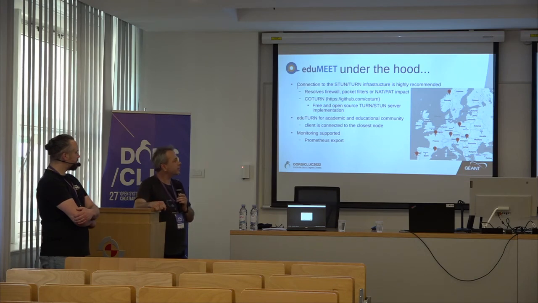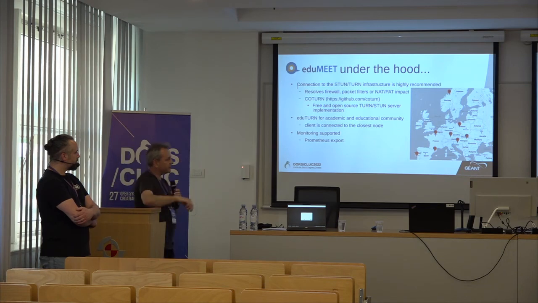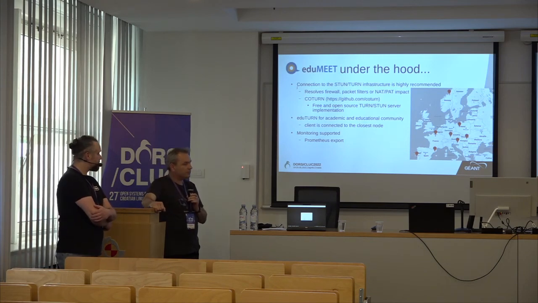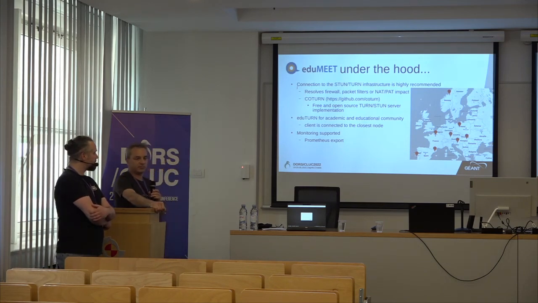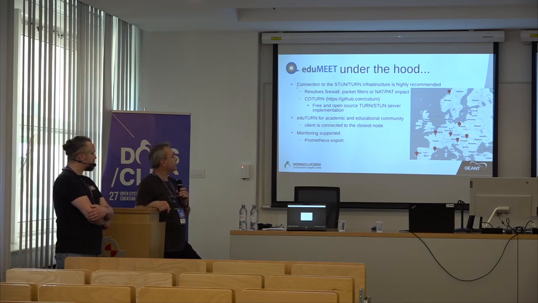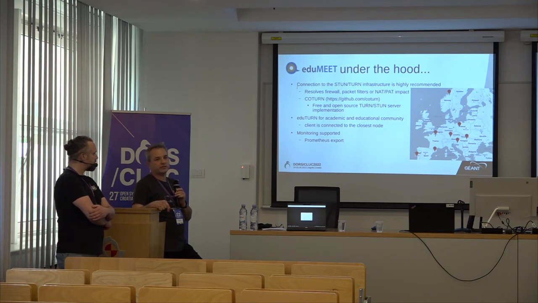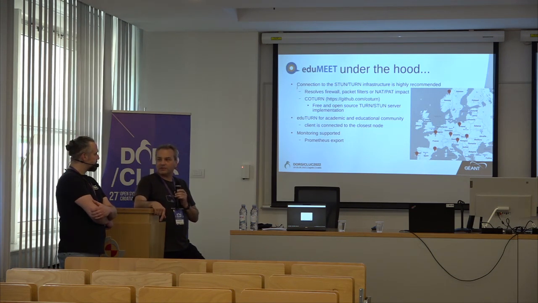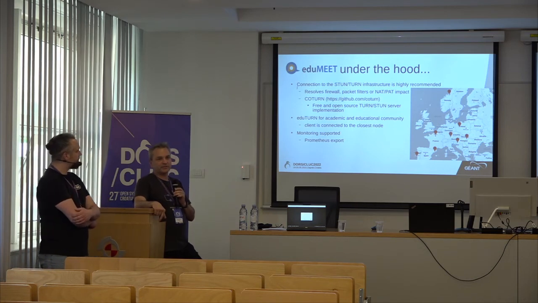It's a mesh of TURN services deployed as shown on this map. Your client will always be connected to the nearest instance, to resolve delays or jitter. Also, monitoring is supported through the Prometheus exporter, so you can connect it to Grafana or something like that, whichever you are using.